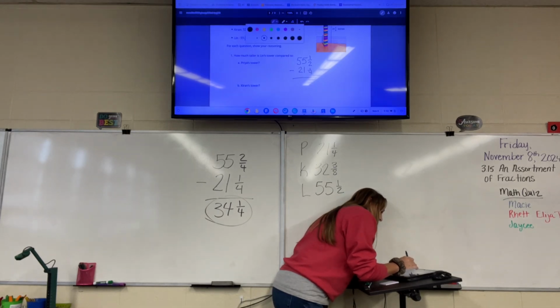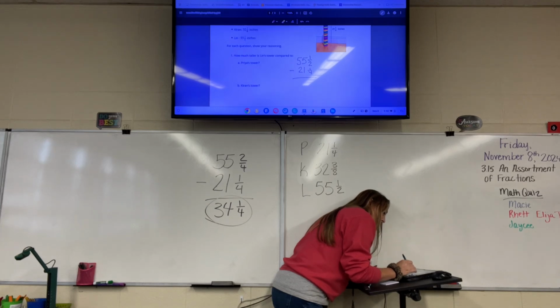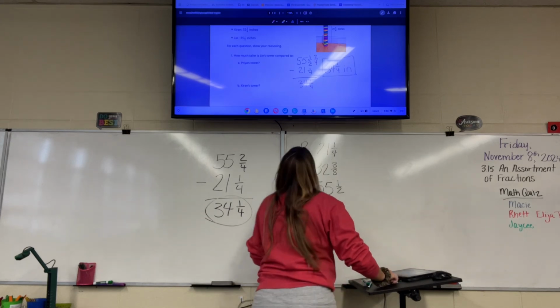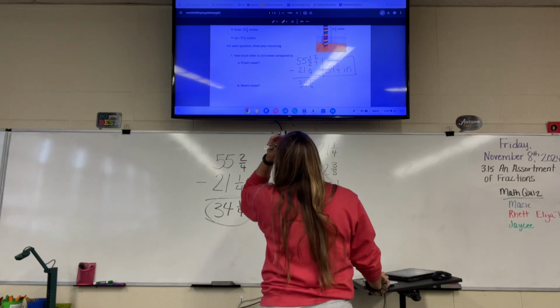Then we're going to cross out 1/2 and turn it into 2/4. And then we can subtract and we get 1/4 and then a 4 and then a 3. So 34 1/4 inches is the answer to that one. Okay, can you guys see that okay?